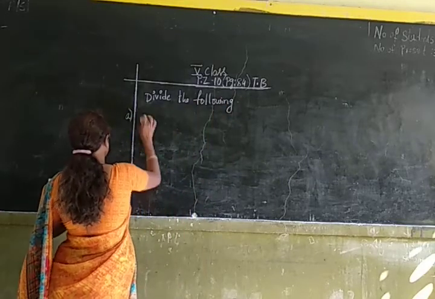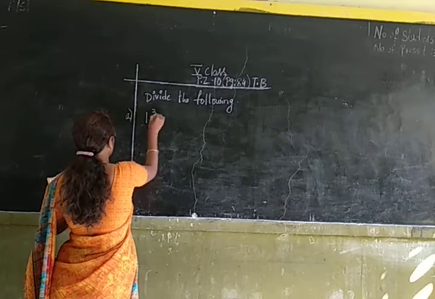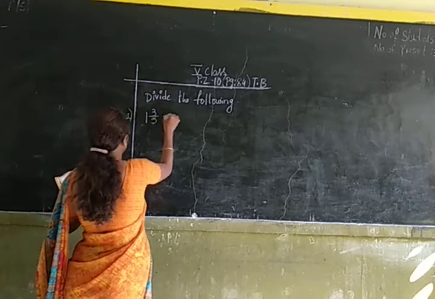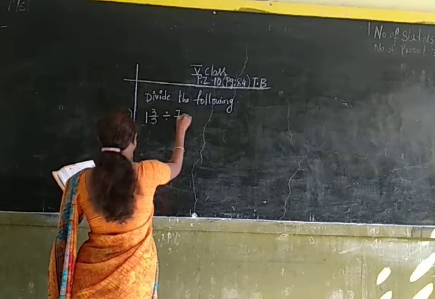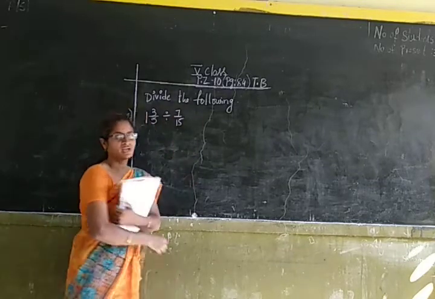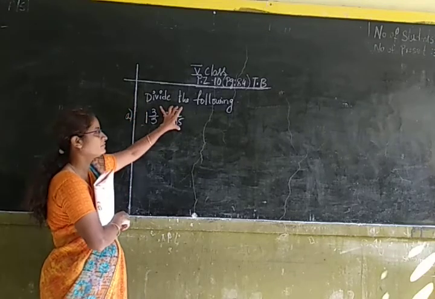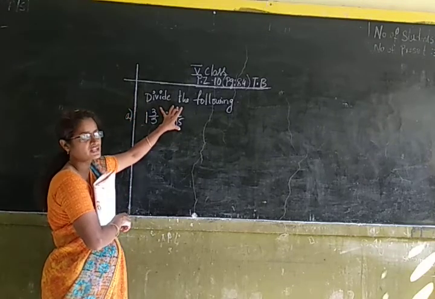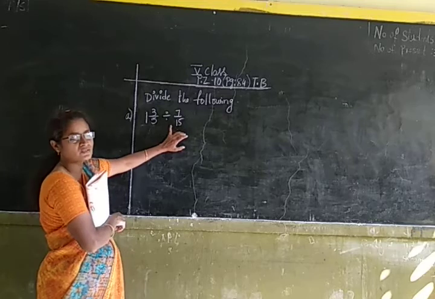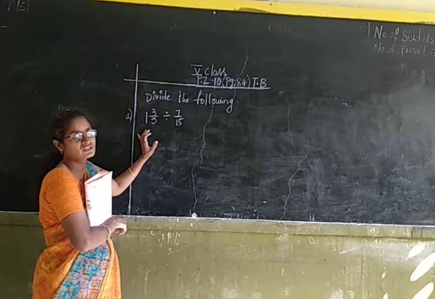Let us do the A sum. 1 3 by 5 divided by 7 by 15. First what we have to do? We have to convert the mixed fraction into an improper fraction. Then we have to write down the reciprocal of the second fraction. And then we have to multiply the reciprocal of the second fraction with the first fraction.